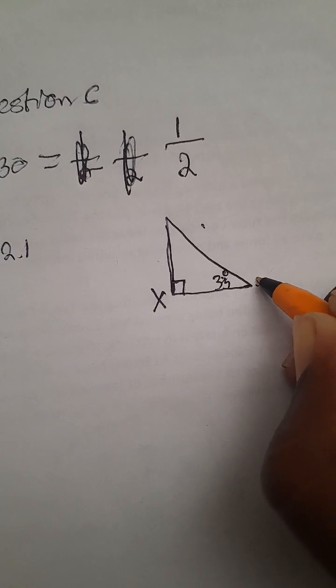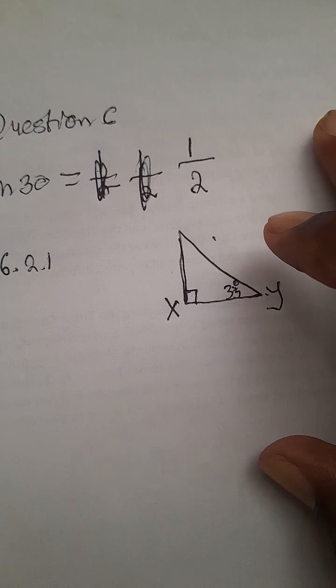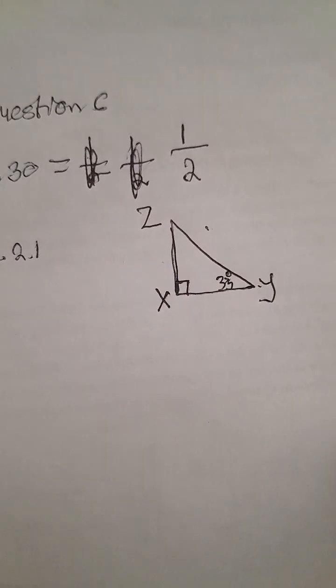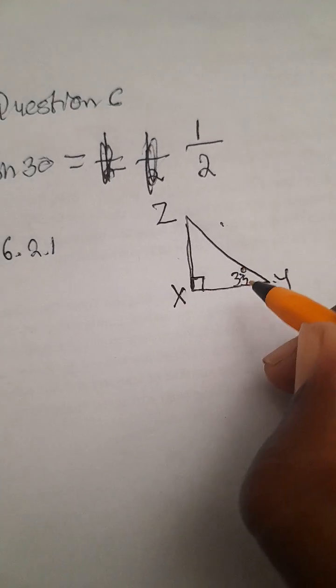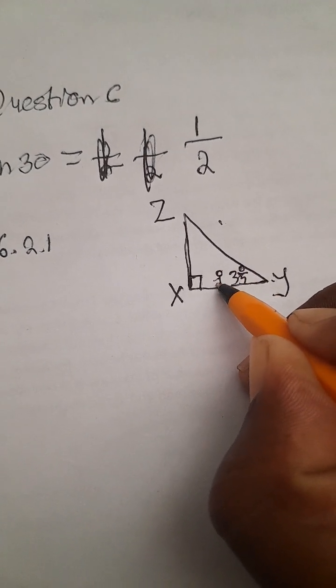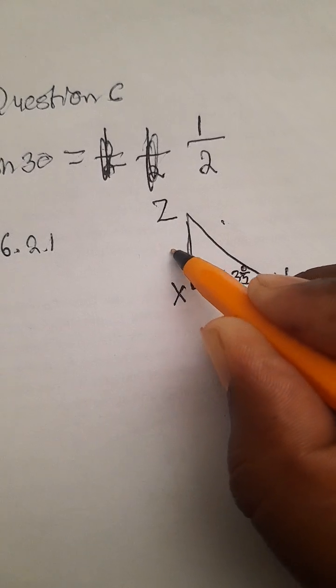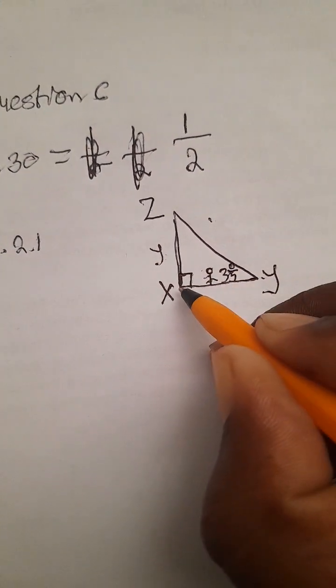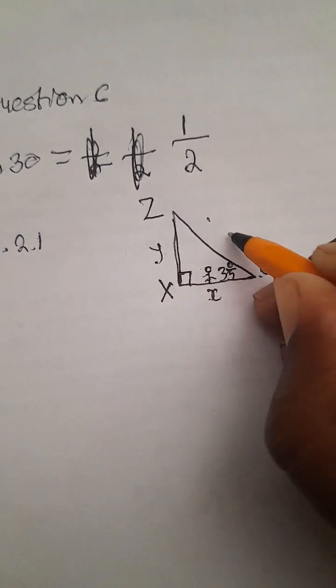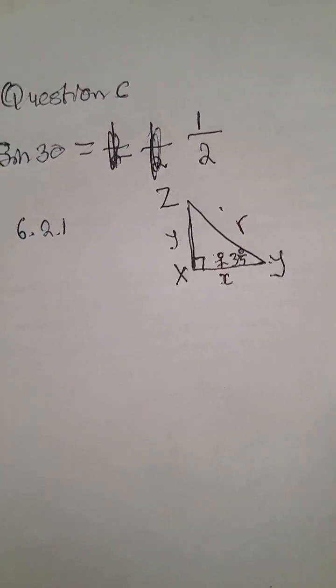I'm going to put Y here, and we also have Z there. If this is 35, and you are standing here, your opposite side obviously will be this, and we name that Y. Then your adjacent side will be here, and we name that X. And the longest side, which is the hypotenuse, we name that.